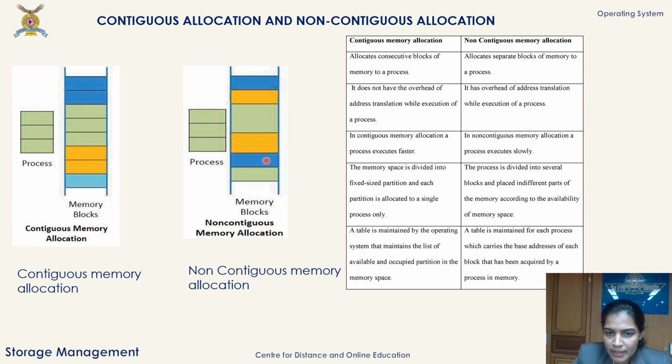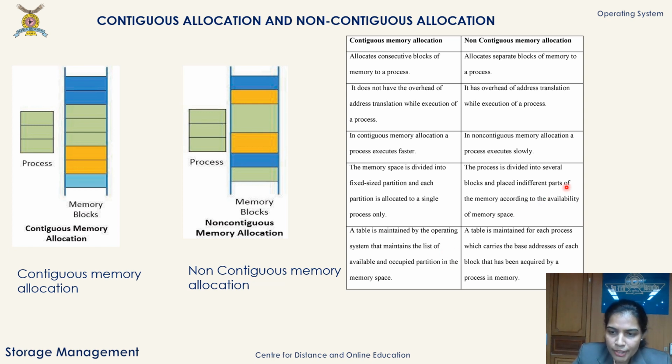So this partition is big, this is small, and this is also a big partition. In contiguous, a table is maintained by the operating system that keeps a list of available and occupied partitions in the memory space. Just as we have seen with the help of bitmap or any other technique, it will maintain a table for free area and occupied area.